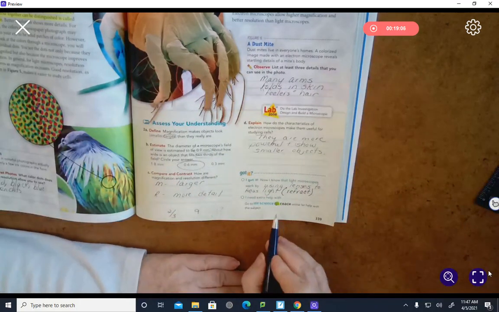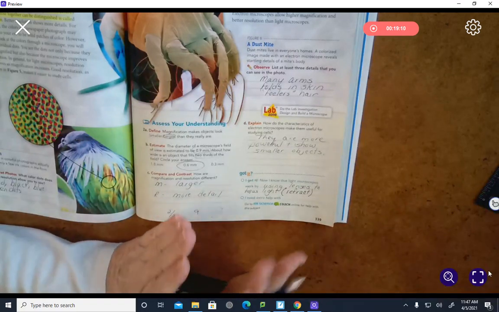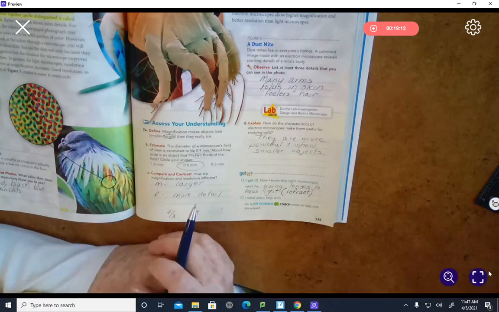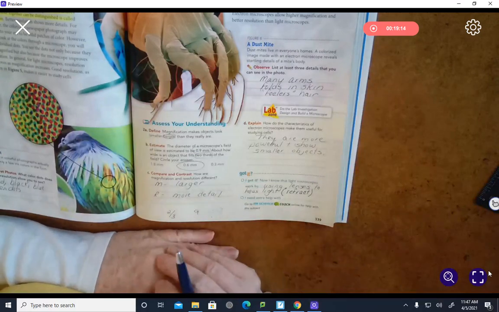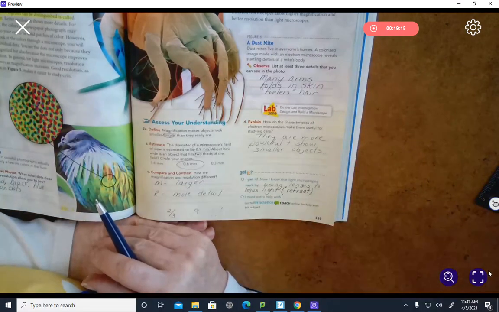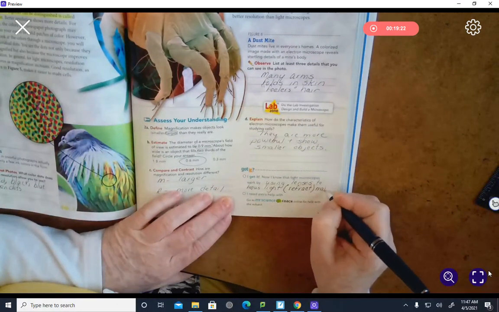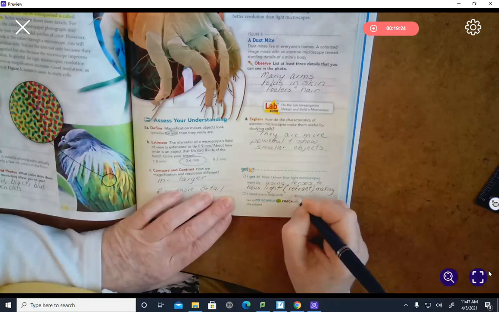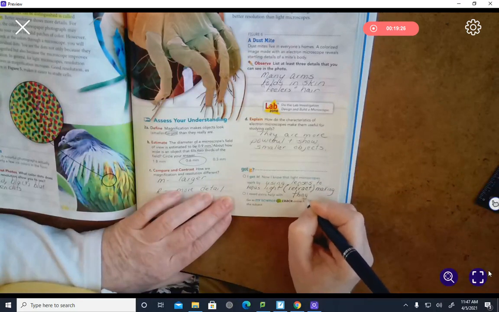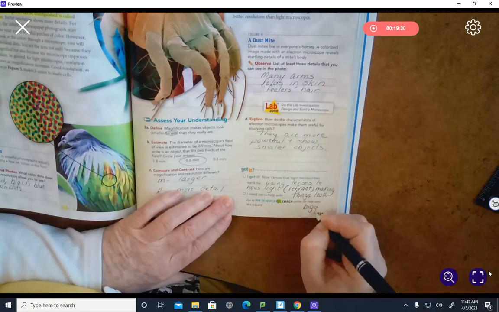That would be a term you should have learned in 5th grade, but with COVID we didn't get to the end, so I had the kids read about it, but I didn't make them memorize it toward the end. To refract light and make objects look larger. I'm just going to go ahead and say things look bigger.